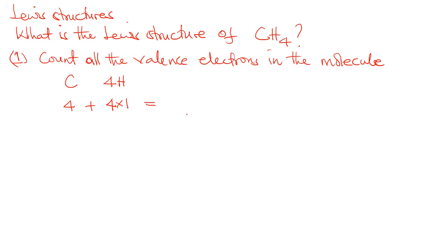So when you add, the total number of valence electrons will be 4 plus 4, which is 8. So the first thing is to count the number of valence electrons, that is the electrons in the outer shell of each atom in your molecule.